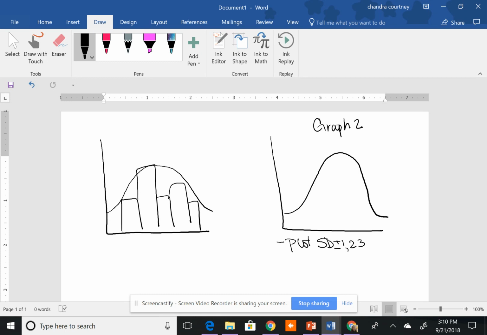And then you are going to color or shade in the different parts of the standard deviation curve. Okay, so remember that's your 68%, your 95%, and your 99.7%. Okay, so that's what your graph 2 should look like.